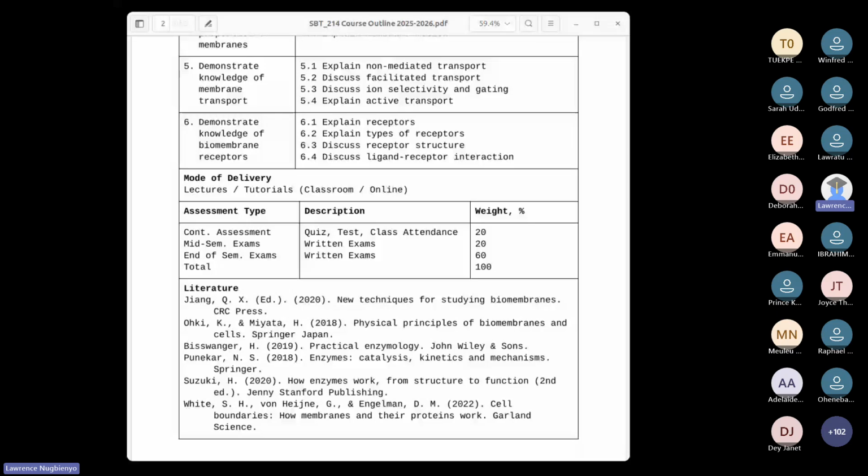What it means is that if you have 60 over 60 in exam, it means you have 30 over 30 for the rest of the 30 marks for the continuous assessment.